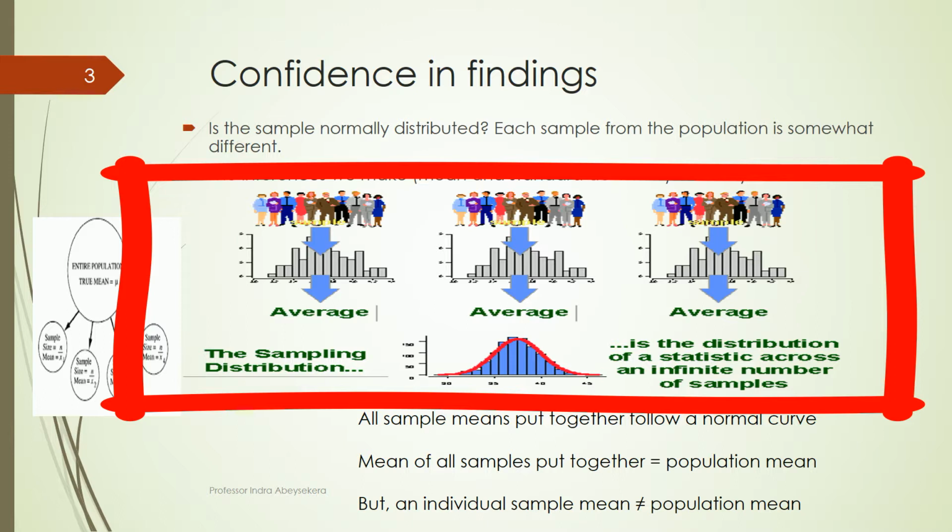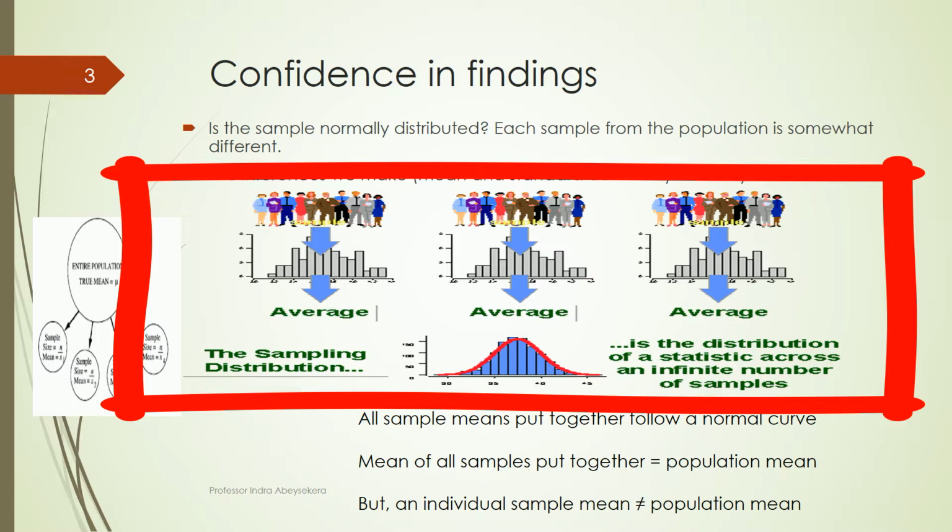If means of samples from the population are normally distributed, then we say that the population is normally distributed. And then we can test whether the sample mean that we have taken equals the population mean.